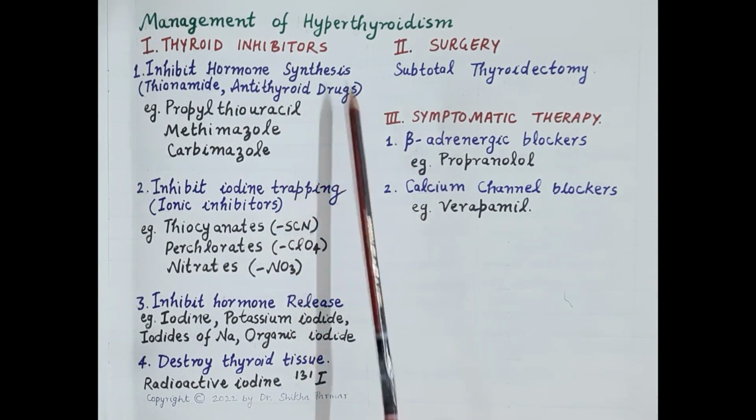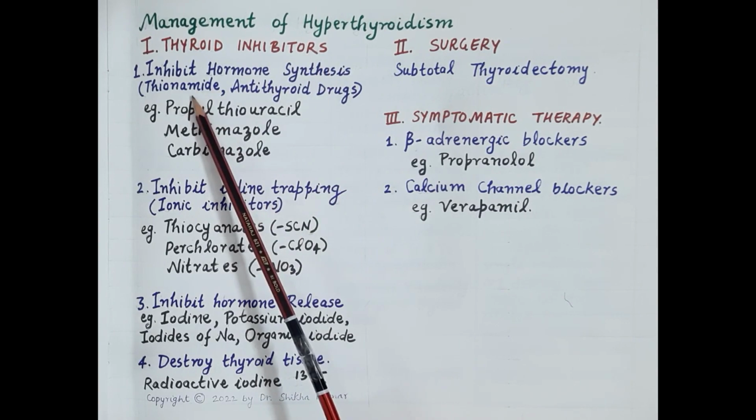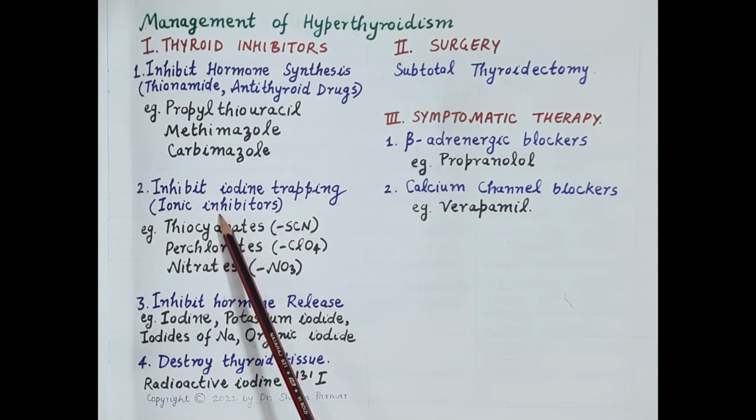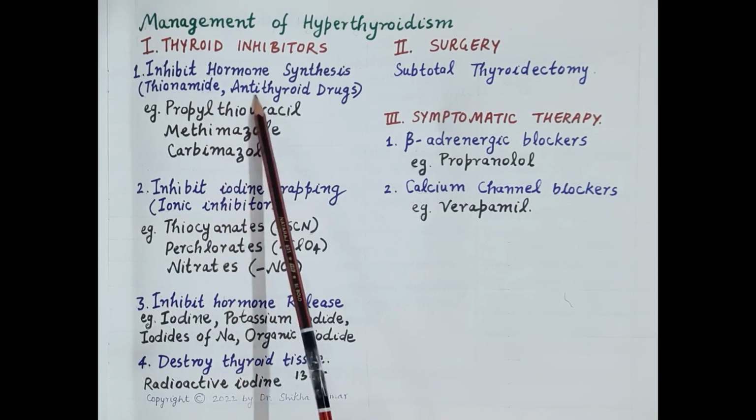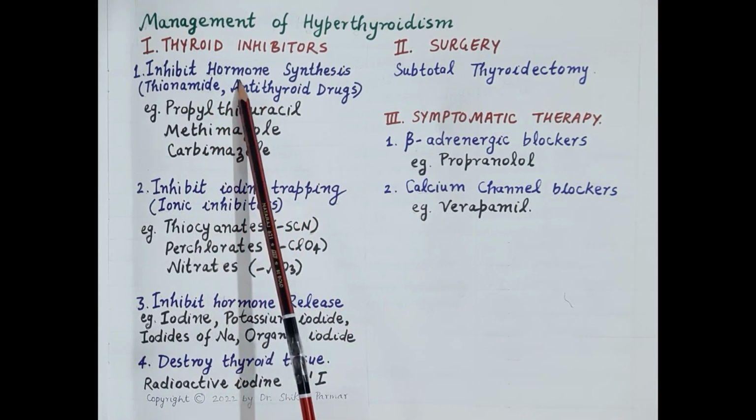Now, first class is of thyroid inhibitors. Now, this includes four subclasses, namely thionamides, then ionic inhibitors, then iodides, and the fourth is the radioactive iodine. Now, thionamides or antithyroid drugs are the agents that inhibit synthesis of T3 and T4.